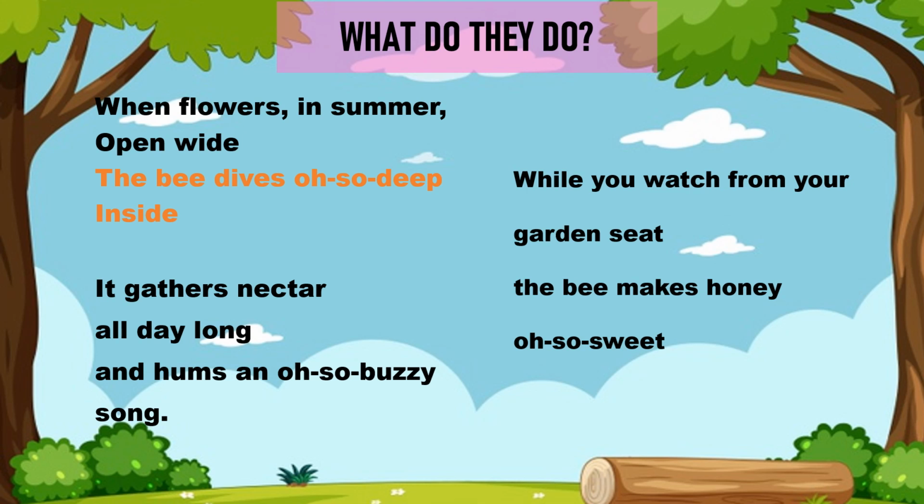It means that the bee will dive deep inside the flower. Then it gathers nectar, and after that the bee makes honey out of it. So this is how we can find the answer for the question what do the bees do? Okay, is it clear now?